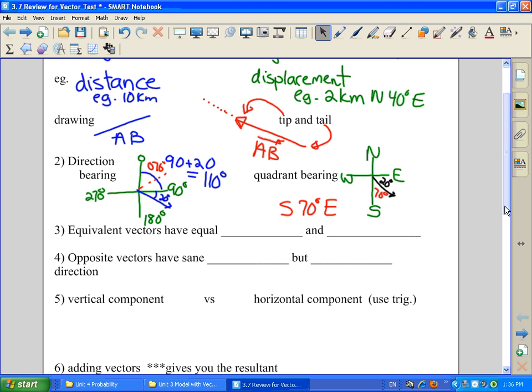Equivalent vectors have equal magnitude and direction. Opposite vectors have the same magnitude, but opposite direction.